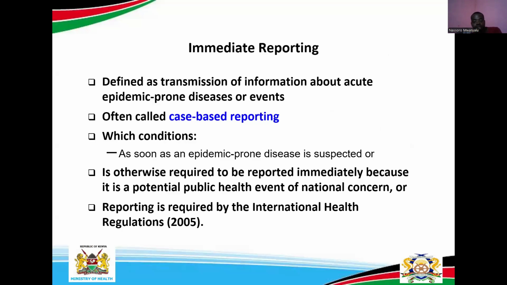So in terms of immediate reporting, we talked about diseases which are prone to outbreaks or which can cause epidemics. If we get such a case, we report it using case-based reporting, or we have the MOH 542. As soon as you get such a condition which is prone to cause an outbreak, you need to report it within 24 hours.